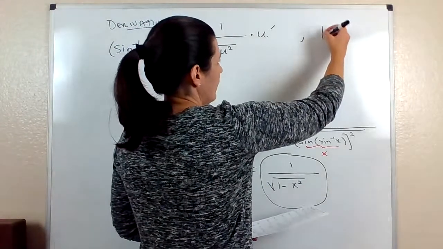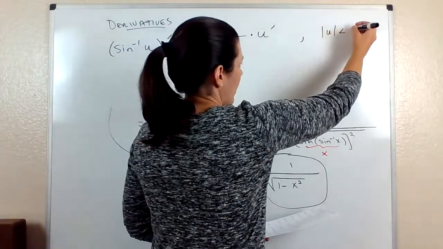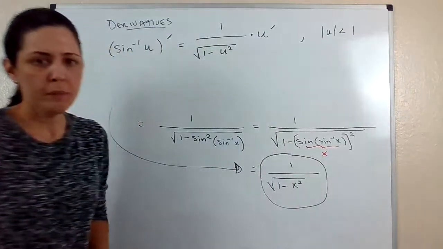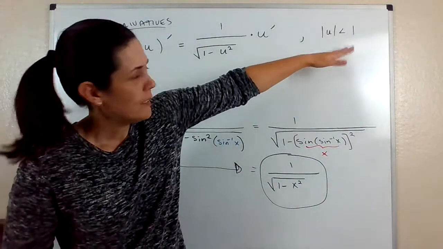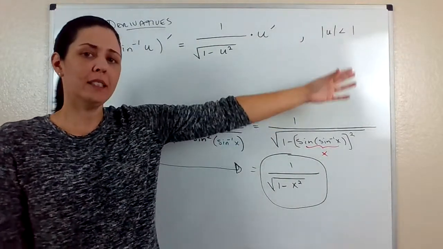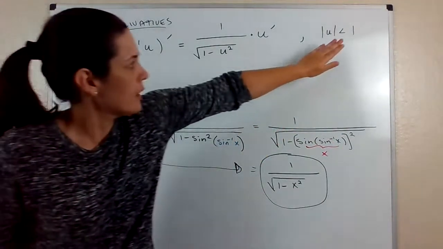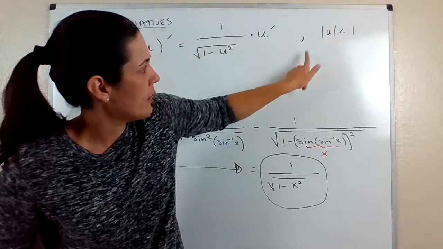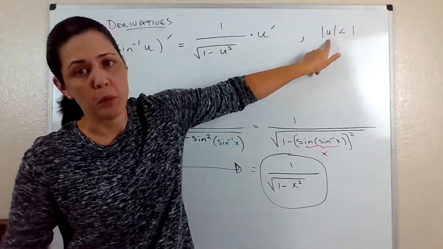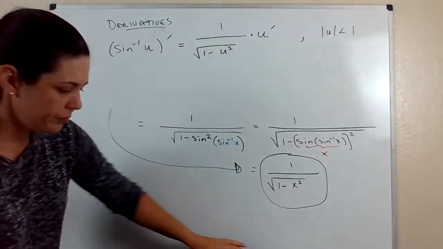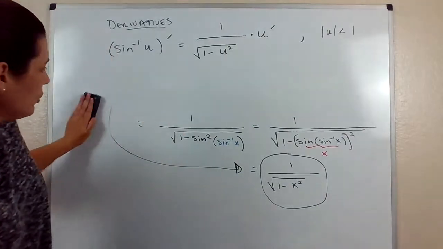And this is when u is between 1 and -1. So what I'm putting over here is sort of like your fine print. It has to be true in order to use your inverse trig functions. Okay, so that's just like my fine print. This is saying u is between -1 and 1, if I put it like that, with the absolute values. All right, let's do cosine inverse.